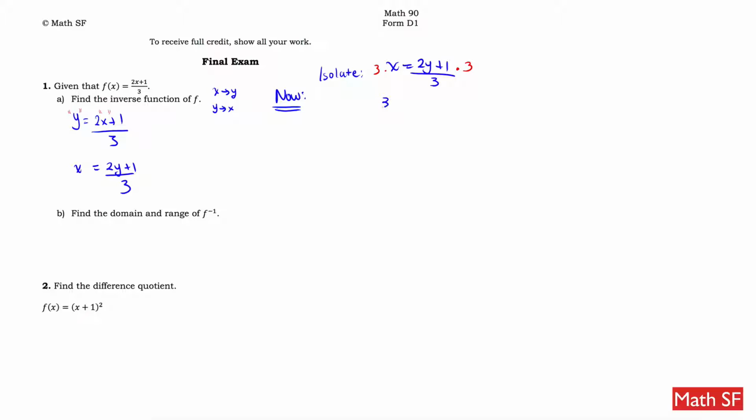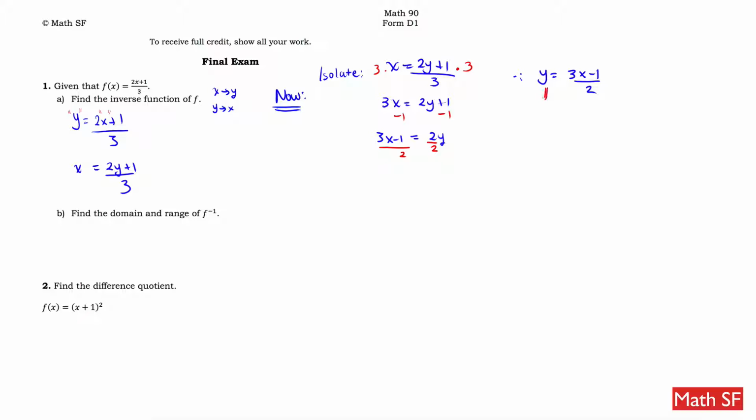And then I have 3x equals 2y plus 1. Now, subtract 1, so it's going to have 3x minus 1 equal to 2y. Divided by 2, divided by 2. Therefore, y equals 3x minus 1 over 2.